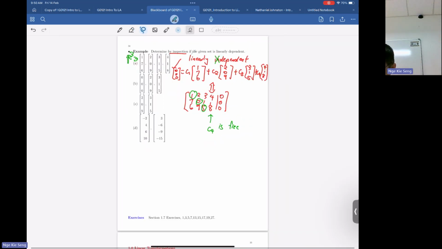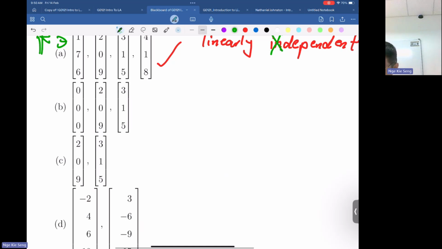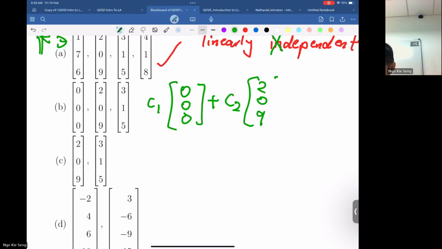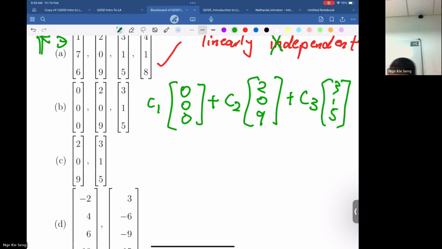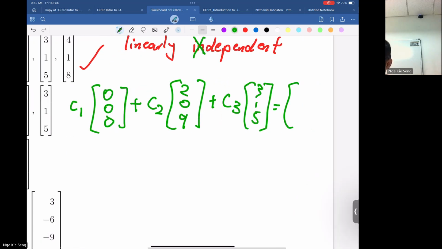Let's move this away first. Let's discuss this, and then we can take a break from here. So C1 times 0 plus C2 and so on.